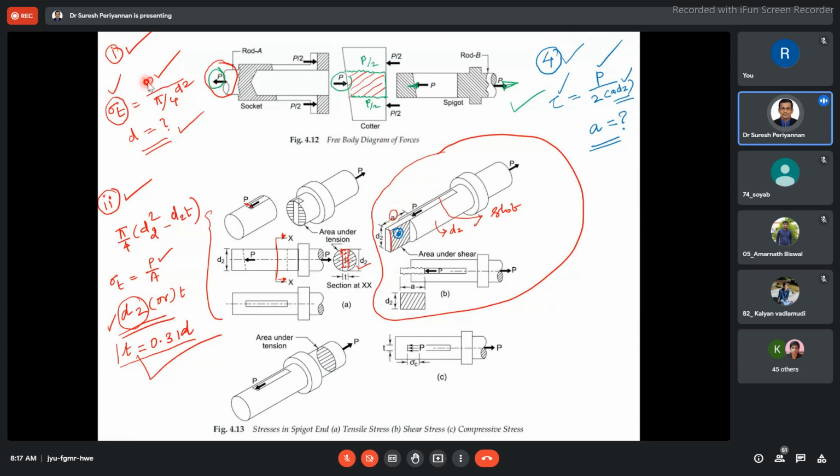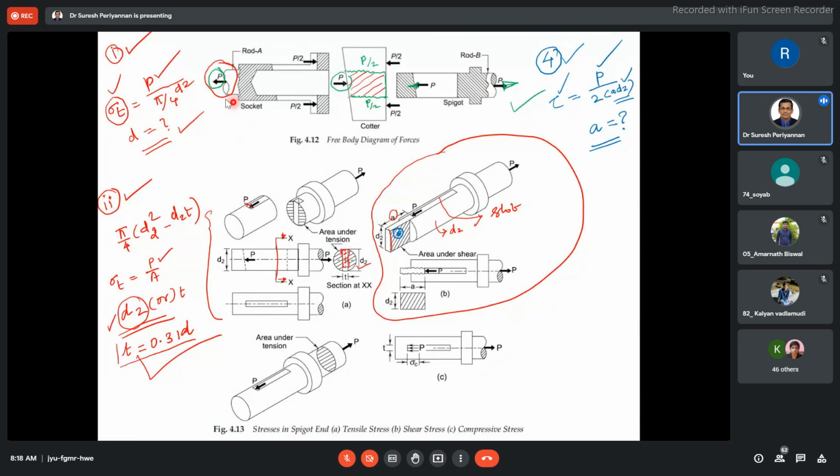Sigma t is equal to P by pi by 4 into d square, then d is equal to square root of 4P divided by pi sigma t. Now this is the tensile force acting in the spigot rod or socket rod. Now the tensile force acting here causes tensile failure.